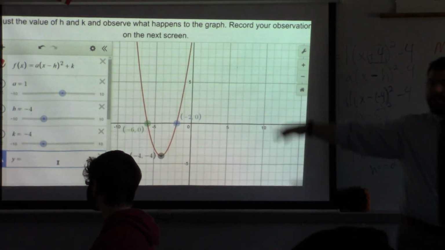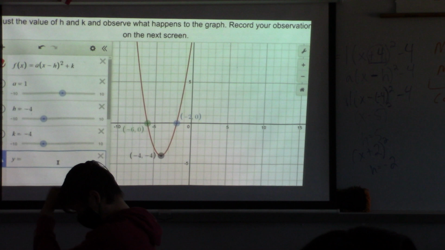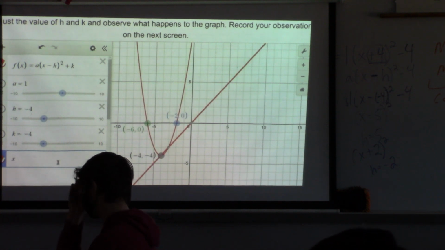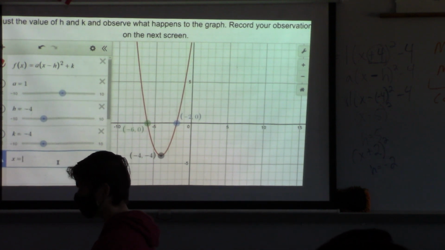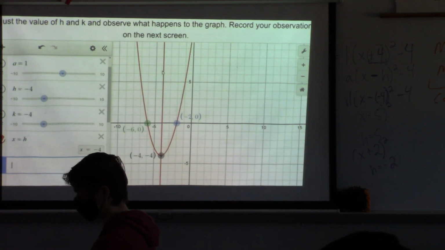I'm talking about what equation did you type in for the axis of symmetry? We put x equals h, or h equals x. Okay, so x equals h? So I want you to notice, first off, if I type in x equals h, does it give me the axis of symmetry? Does it create symmetry around that line?